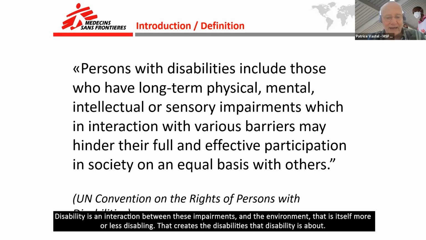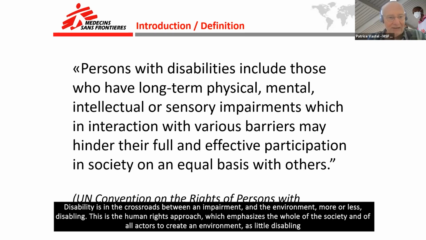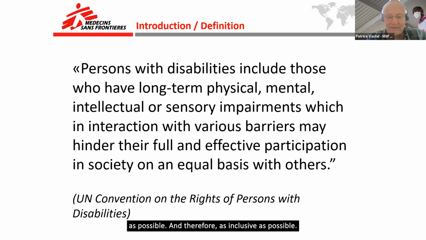It is the interaction between this impairment and an environment that is itself more or less disabling that creates the disability. This is a human rights approach which emphasizes the role of society and of all actors to create an environment as little disabling as possible, and therefore as inclusive as possible.